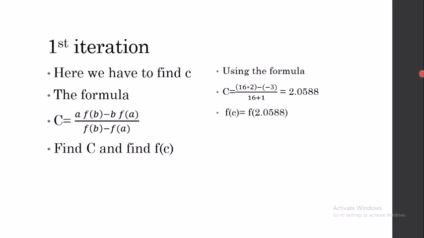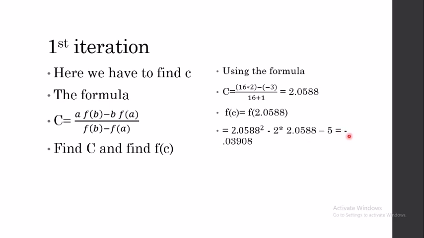After finding c, I found out what f of c is. f of c is nothing but f of 2.0588, substituted in your function, that is x square minus 2x minus 5 equals 0. I'm really sorry, this is not x square, this is x cube. There was a slight mistake over here, but anyway, the answer that you will get is correct.